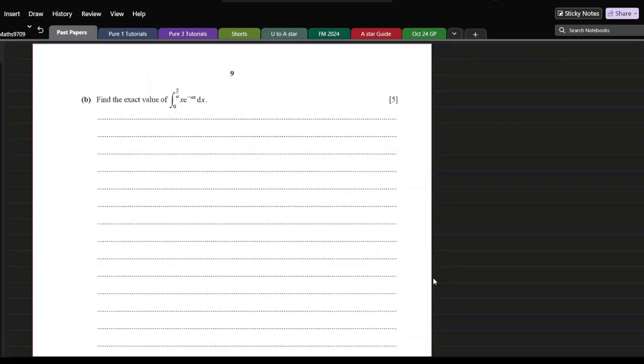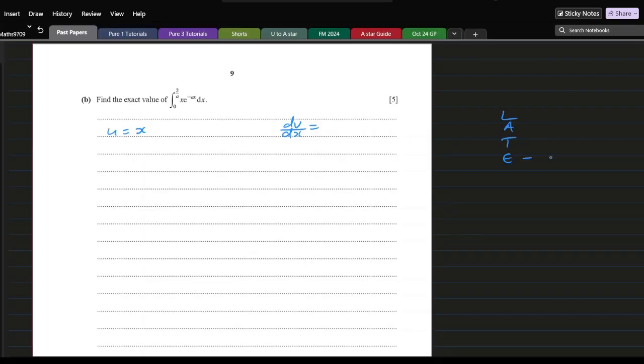Part B. Find the exact value of the integral from 0 to 2 over a of x e to the negative ax with respect to x. So we are integrating our product. So let u equal x, and then our dv/dx will be the exponential, because in this case we're using LATE, right?